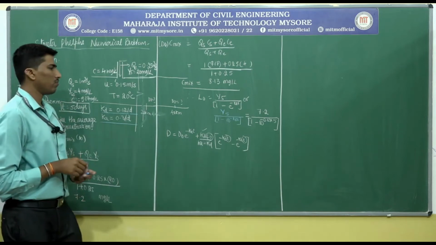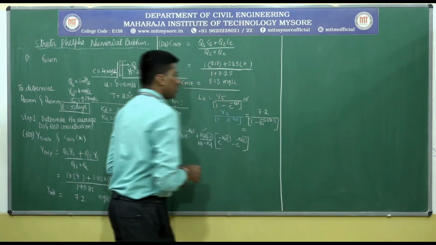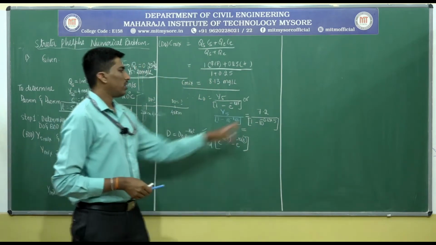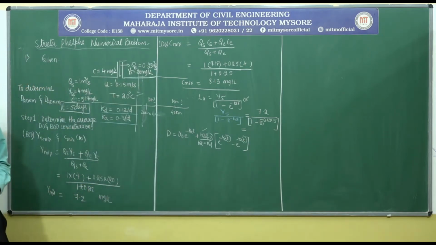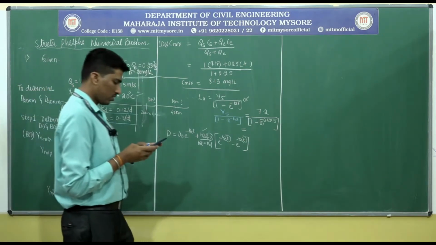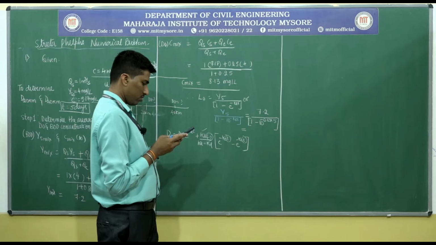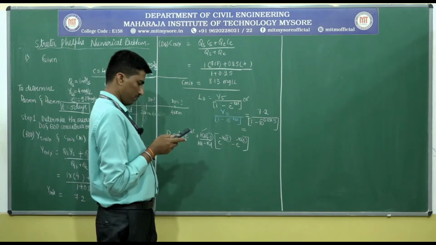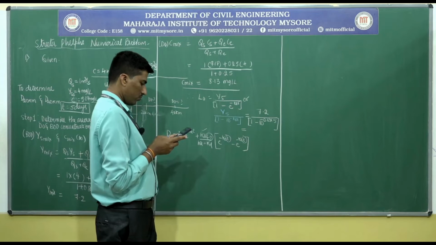Now, feeling easy here, let us solve 7.2 divided by 1 minus 10 raised to minus 0.12 into 5.